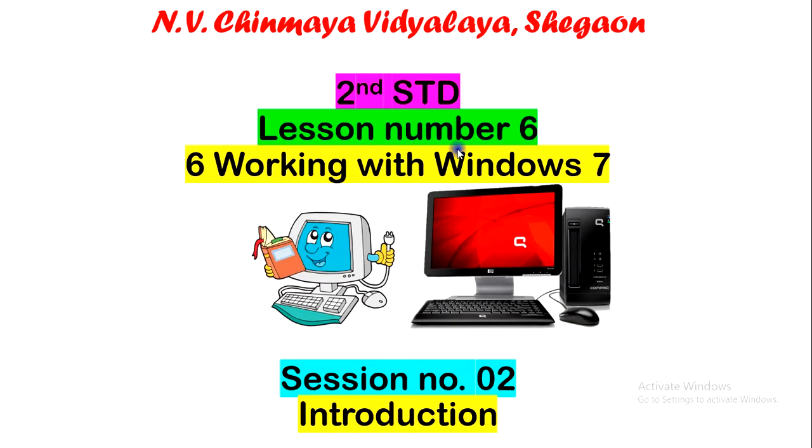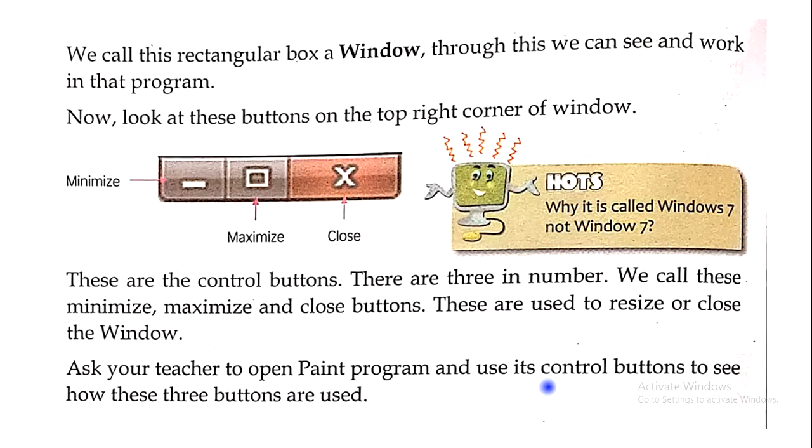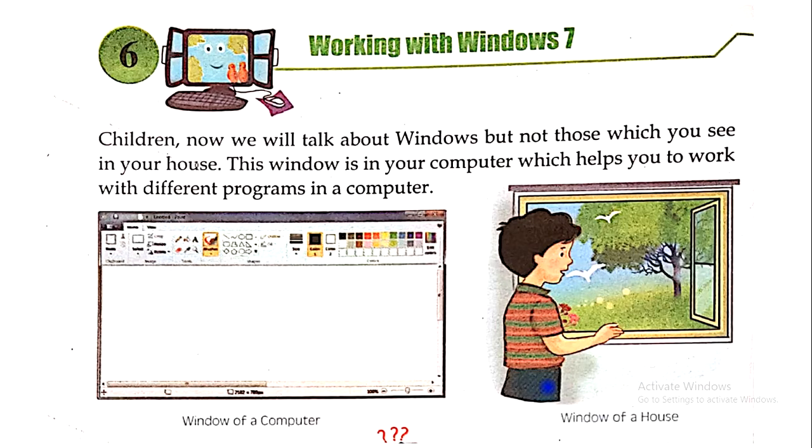This is our lesson number 6, working with Windows 7, and this is our second session, in which we are going to start from the point where we left in our previous class. Before we start, let me first revise a few points very fast.